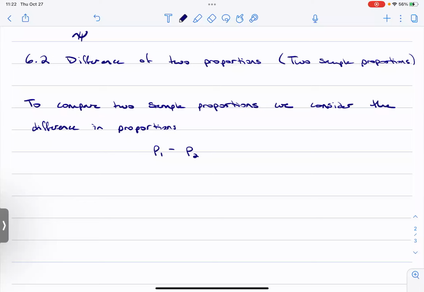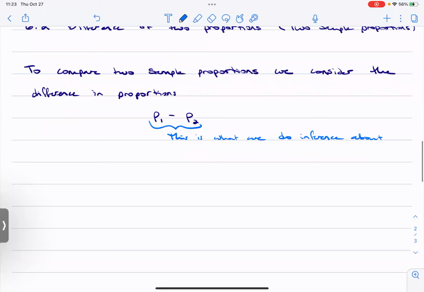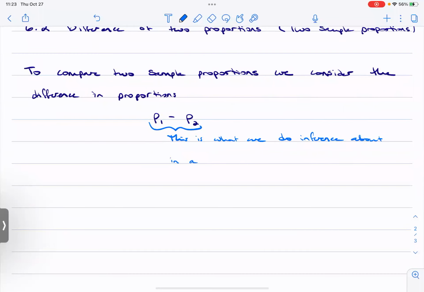This is what we're going to hypothesize about, right? And so this is now the thing that we're doing inference about in a two sample proportion question.